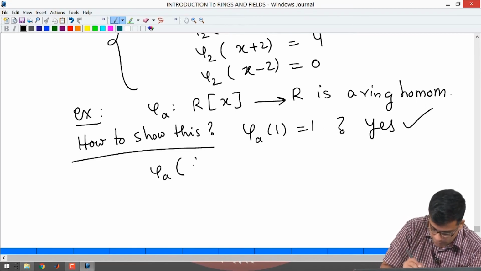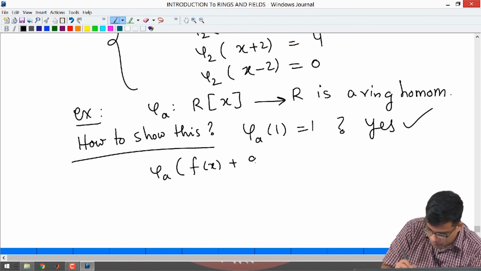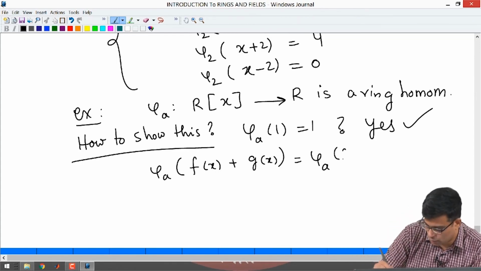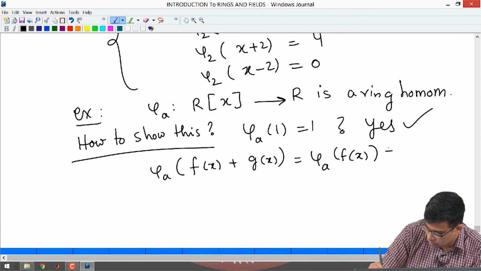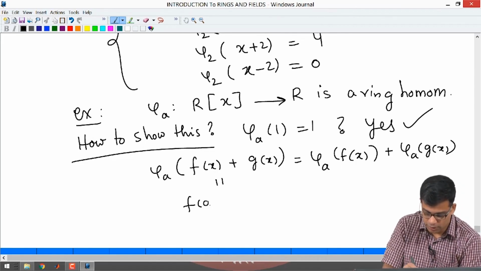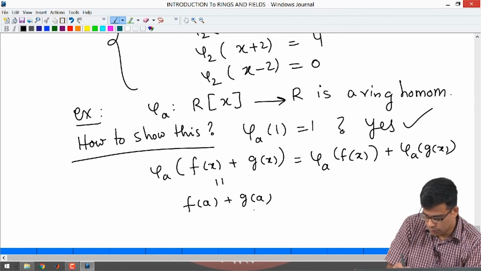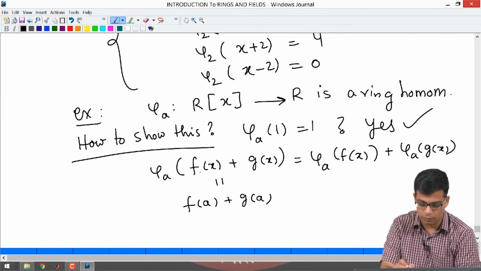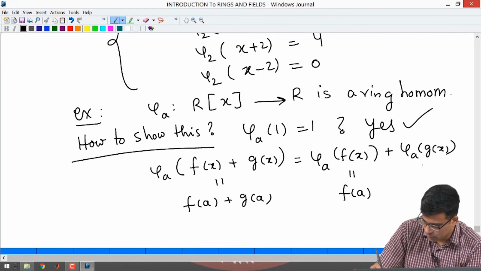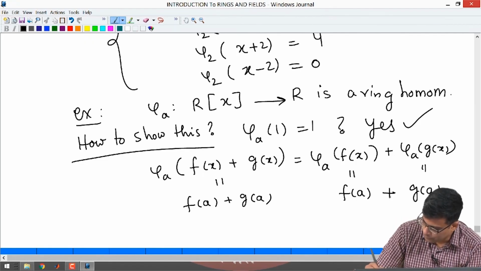What about phi a of f(x) plus g(x)? I claim that this is the same as phi a of f(x) plus phi a of g(x). This is by definition f(a) plus g(a), because you are taking the polynomial given by the sum of these two, substituting by a; this is f(a), this is g(a).